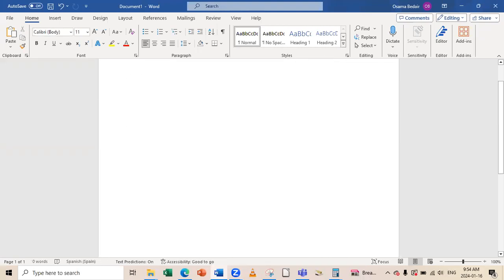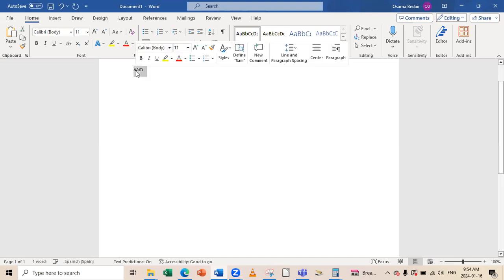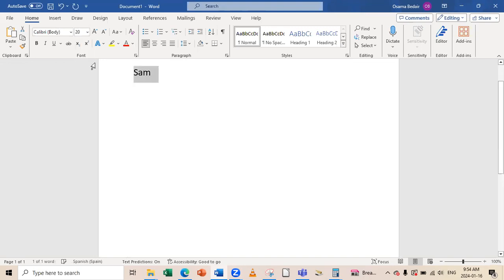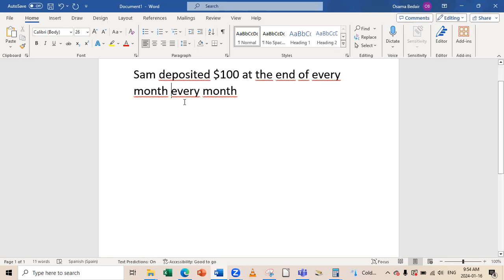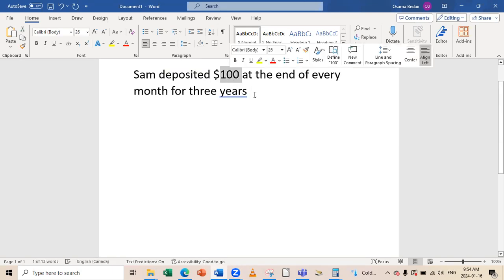If I said Sam deposited, and let me make the handwriting larger so everybody can see, Sam deposited $100, of course, every month, or at the end of every month, for 3 years. So here the deposit of 100 is simple.